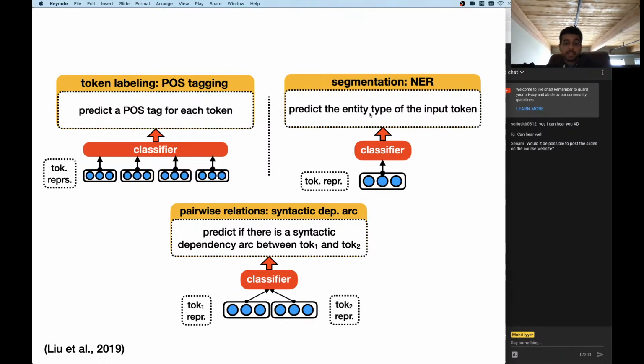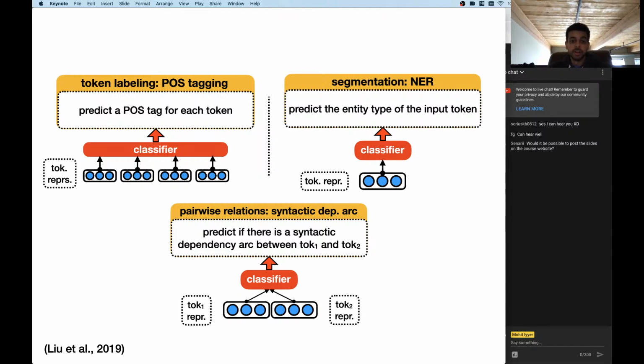There's also segmentation tasks such as NER. So that's named entity recognition. Given a token, can we predict whether or not it's a named entity or part of a named entity? And finally, we can create probe tasks by using syntactic structure, syntactic parsers.